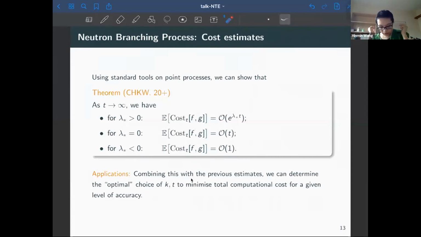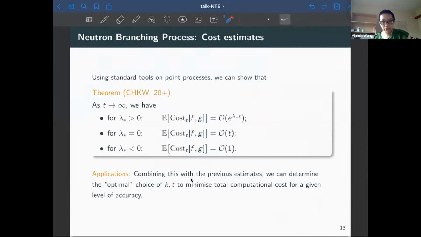One of the games we have played with these two estimates is to look at a given level of accuracy. Say I want the mean square error to be less than 1%, and then use these two estimates to determine the optimal values for the number of simulations k and the time horizon t for these simulations, to minimize the total computational cost.